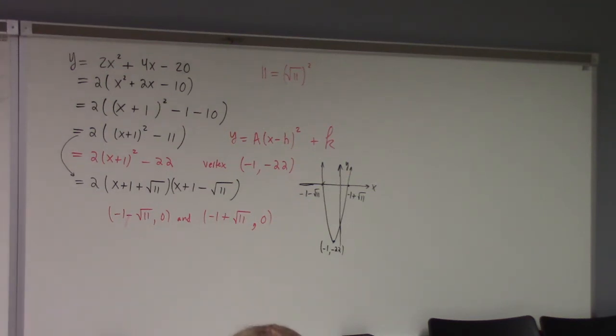All right, let's try another example over here. Suppose you have f of x equal to 3x cubed minus 2x squared plus 10x minus 11.